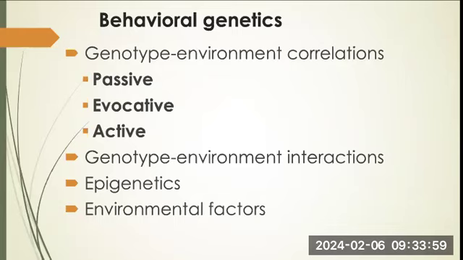But those are the main terms that you should be aware of in terms of heredity. So know the difference: gene, chromosome, DNA, alleles, monozygotic, dizygotic, meiosis, mitosis. You have these different traits, interactions: passive, evocative, and active. Make sure you take a look especially at the terminology, that you understand the differences among them.